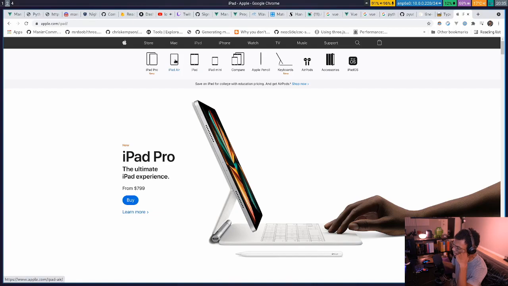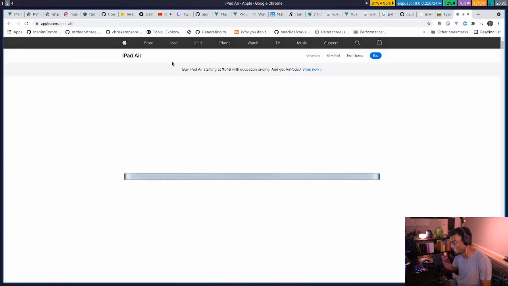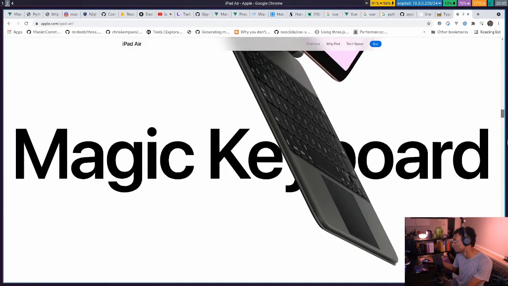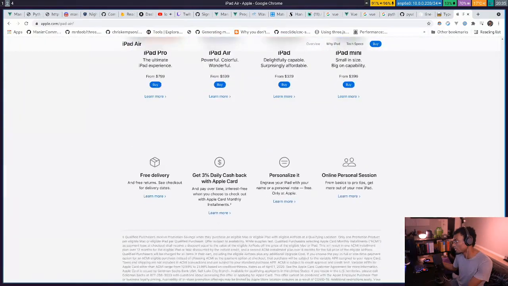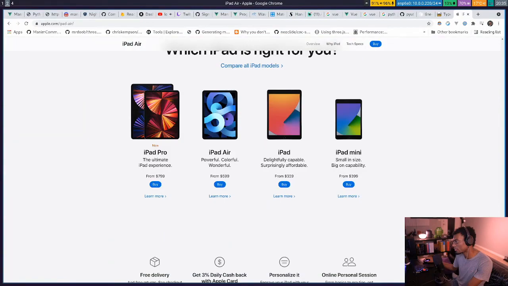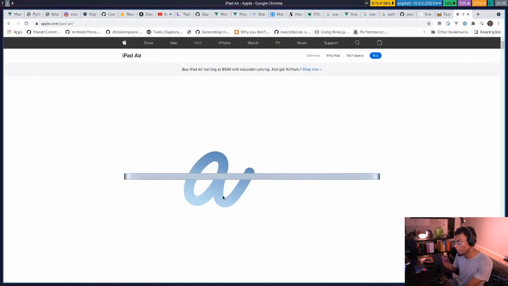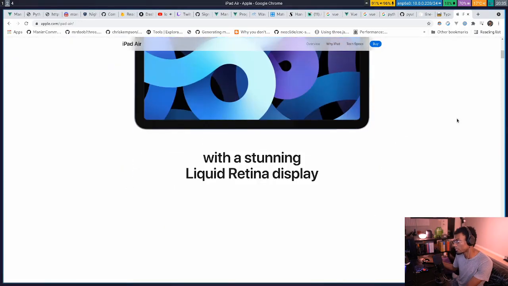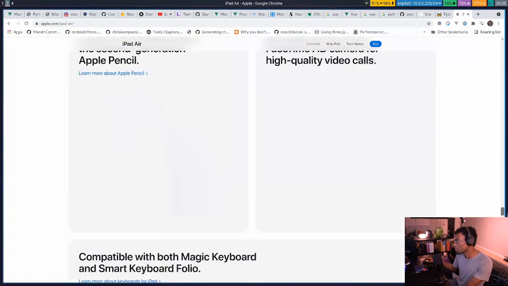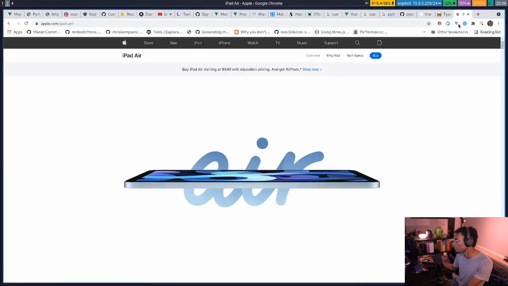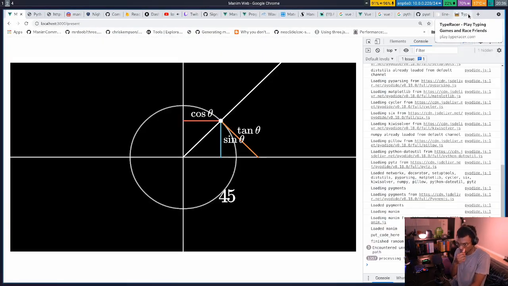And these are like as strong as computers. iPads are not regular. I can't find the specs. They are not regular tablets, really. Oh my gosh, there's so much. Okay, well, I can't find it. Anyway.